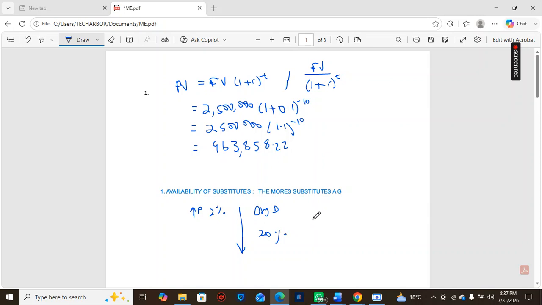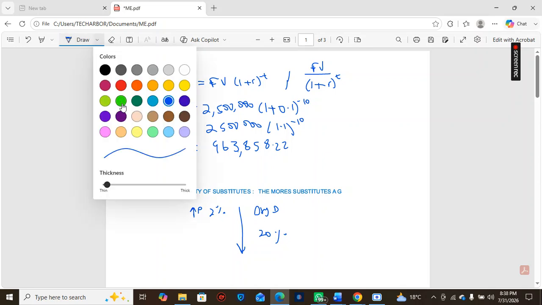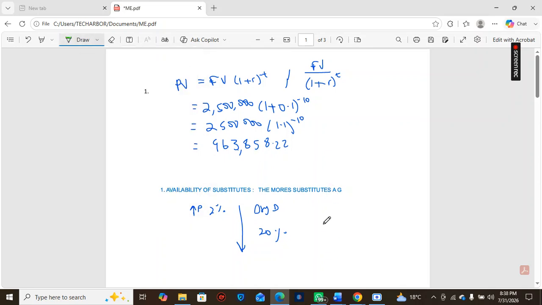But when we say inelastic demand, it means quantity demanded is not that sensitive to price changes. Here's an illustration of inelastic demand. Let's say in this theoretical example, there's one company producing salt, and they increase the price of salt by 20%.